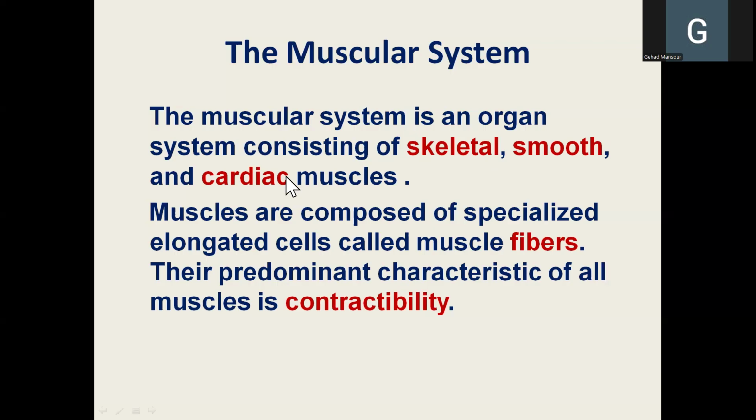You might also be asked about the definition of a muscle fiber. Actually, the muscle fiber is an elongated cell, so it is an elongated muscle cell. Muscle cells are called muscle fibers or myofibers because they are elongated.